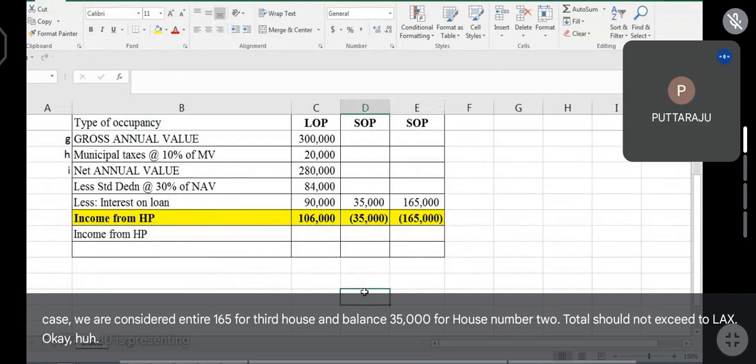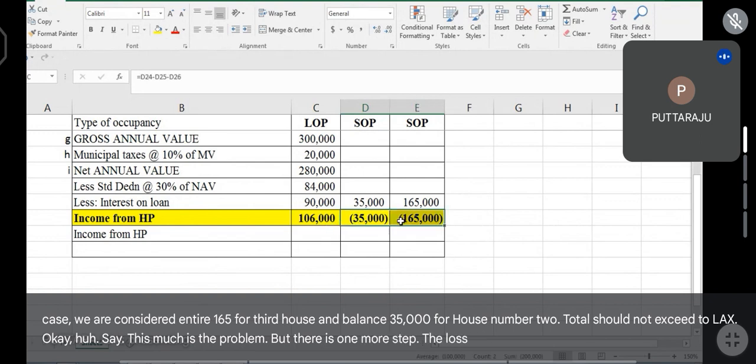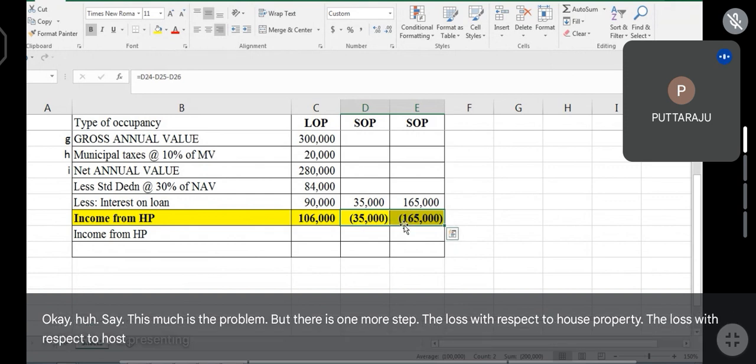See, this much is the problem. But there is one more step. The loss with respect to house property can be set off against income from any source. What I told?